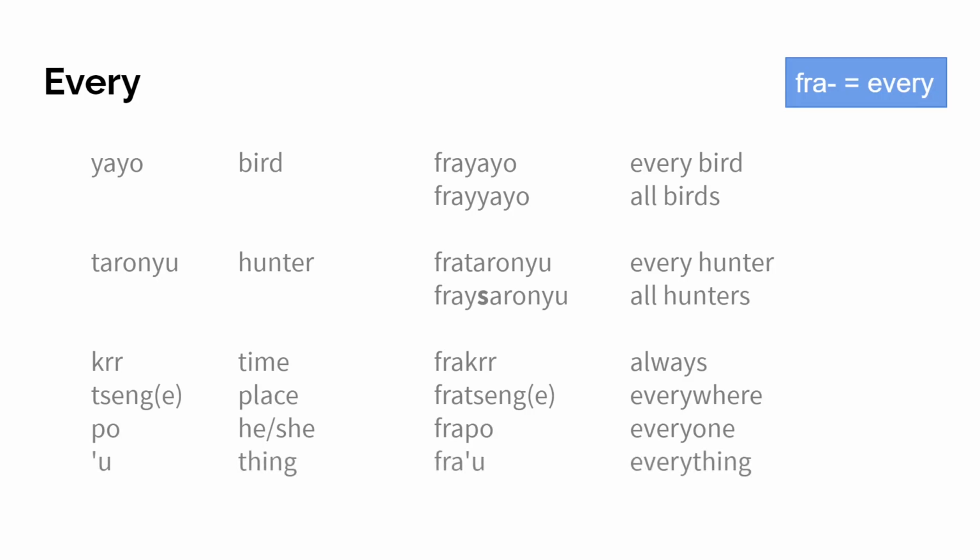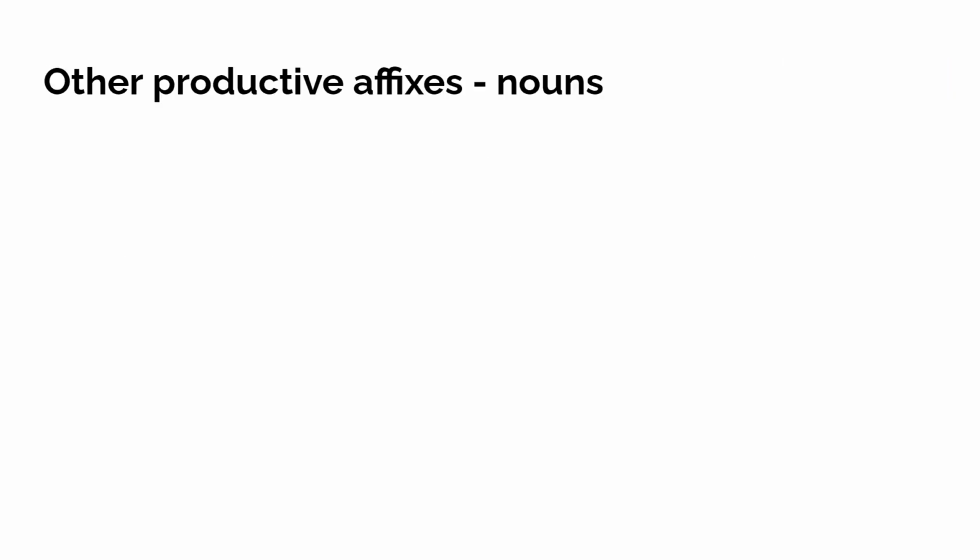'U, thing, becomes fra'u, everything. And alo, time, but in the meaning of an instance of something, for example, it's your turn, or I did this two times, so in this countable way of time, becomes fralo, every time. And that was it already about every.